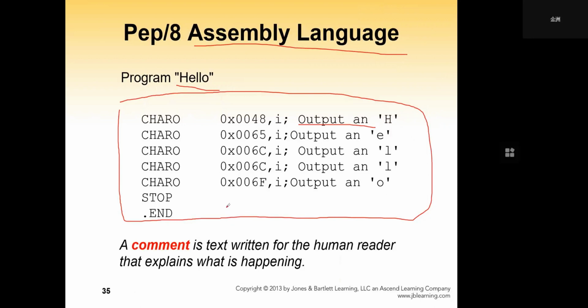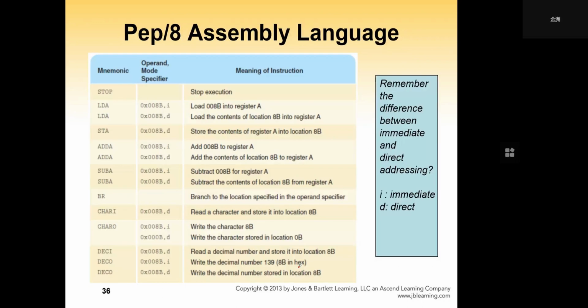The assembly language has a comment, some text written for us human beings for easier reading, which explains what is happening right now. Here is the instruction specifier, that means what instruction it is.